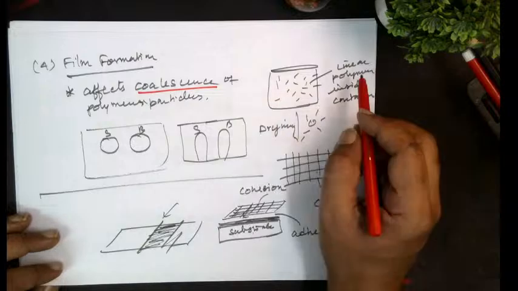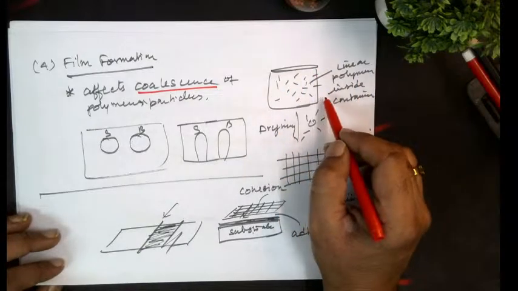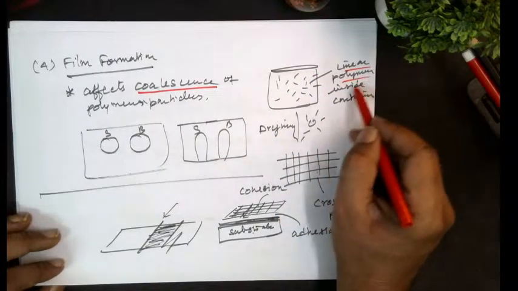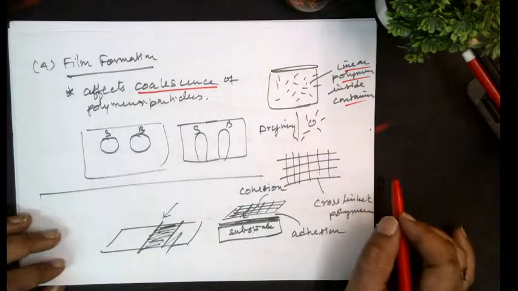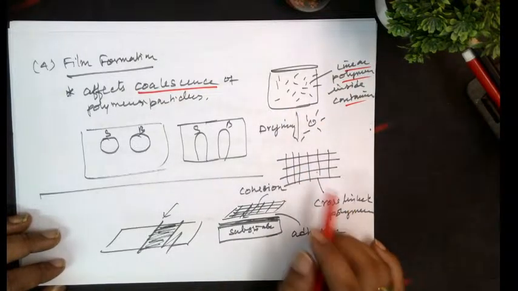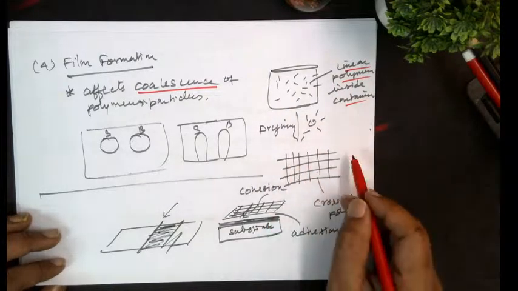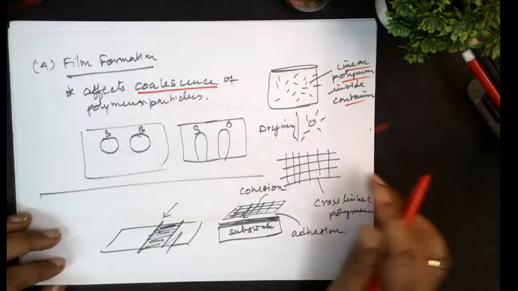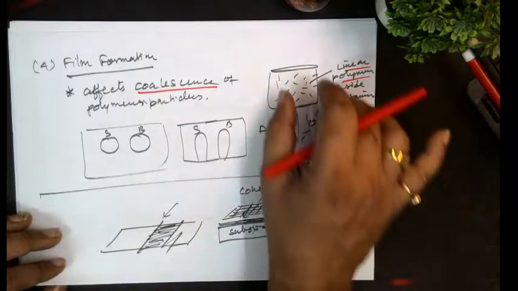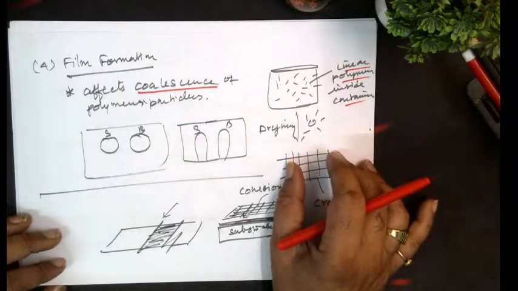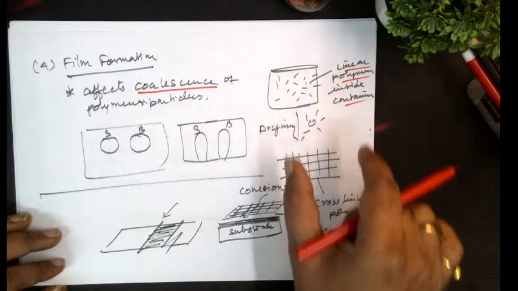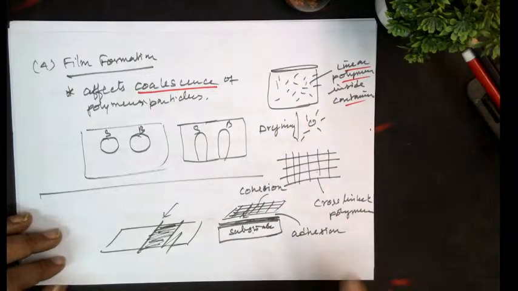For example, whenever the paint is kept in a pot, it is available as a linear polymer inside the container. When it is dried under various conditions, it becomes a cross-linked polymer. So you should understand that drying is nothing but the conversion of linear polymer into cross-linked polymer. Do you understand this point?